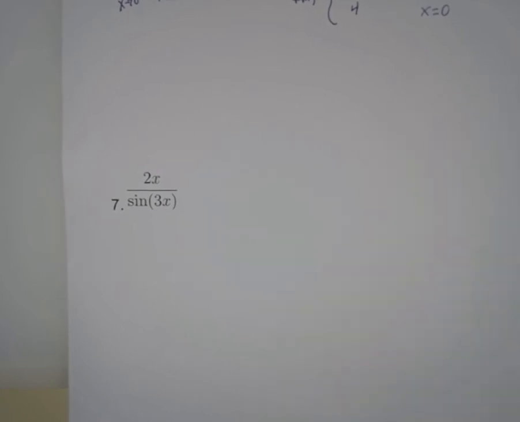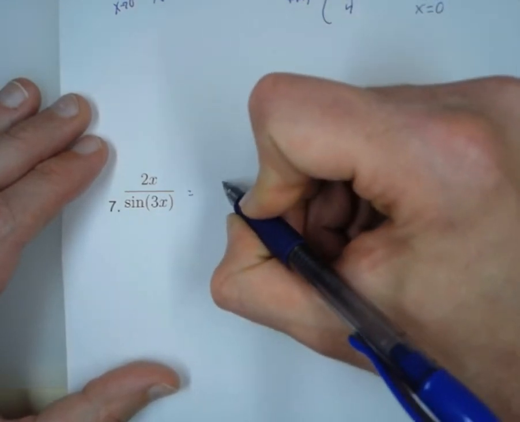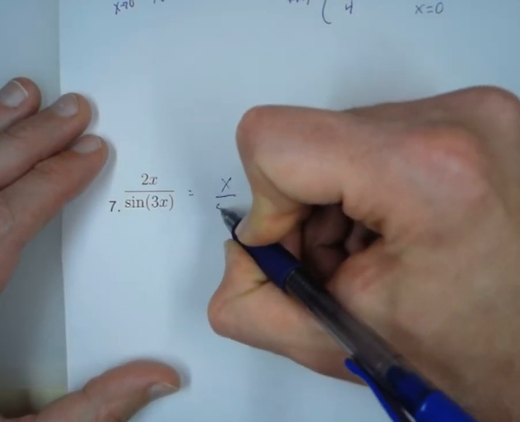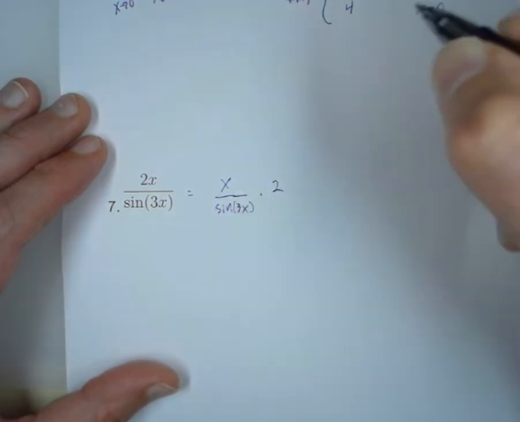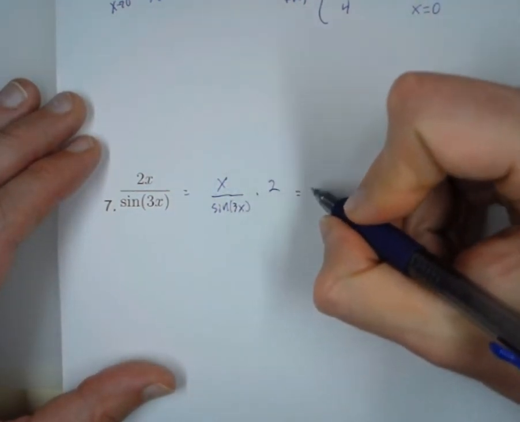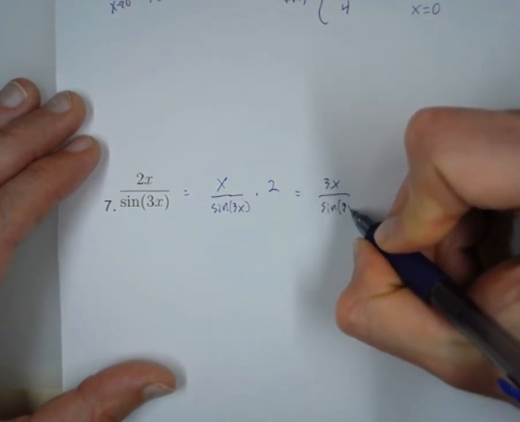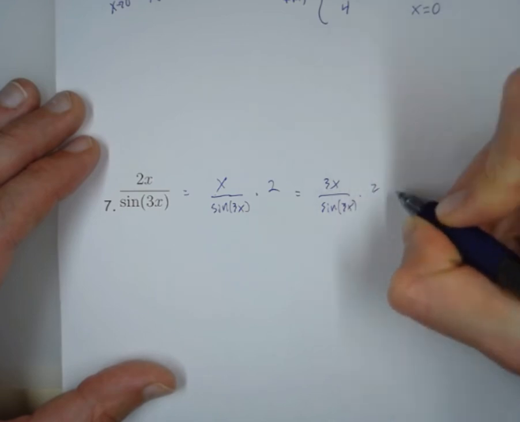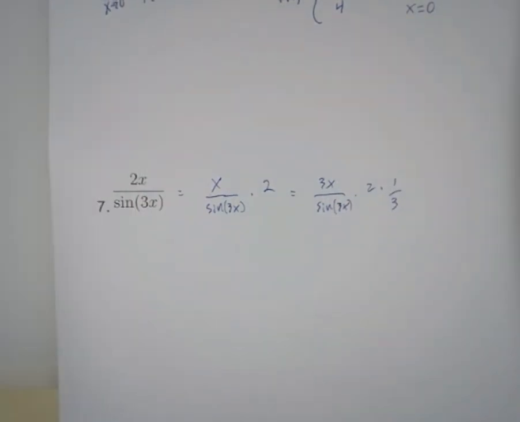And then finally down here, very similar, but here I want to pull out the 2 times 2, and I want there to be a 3. So 3x over sine of 3x times 2 times, and I have to cancel out that 3, so times 1/3.